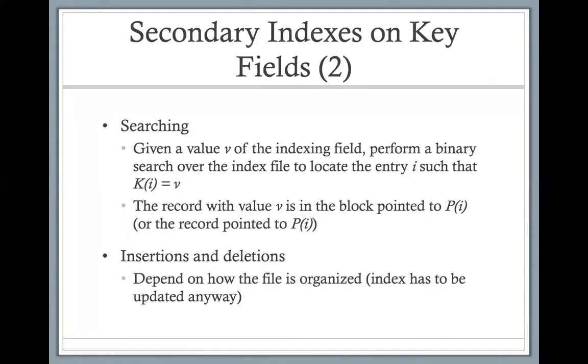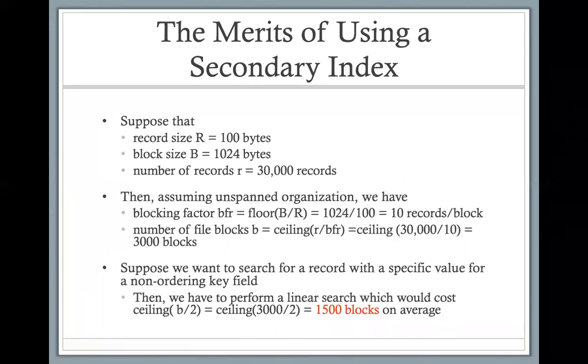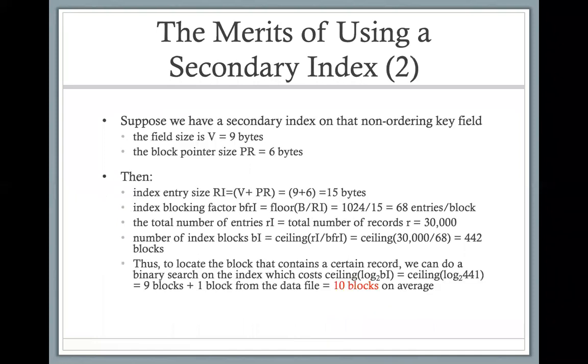So I can store many more index entries than records. How many entries do I have in the index? I have exactly the number of records. I have 30,000 records, and there is an index entry per record because it's a dense index. So I get 30,000 entries.